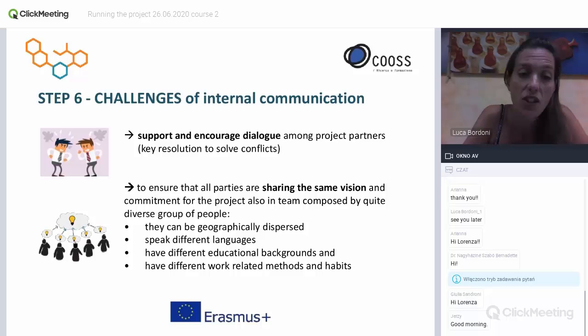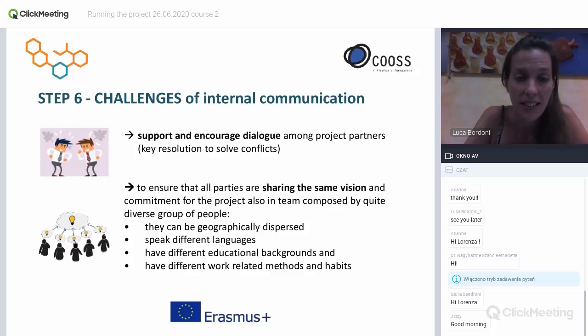A second challenge is that people are geographically dispersed in different places, so they cannot meet face to face each time they want, and they have different educational backgrounds and come from different work environments, so they have different methodologies and habits, and the communication in such a group is really difficult.